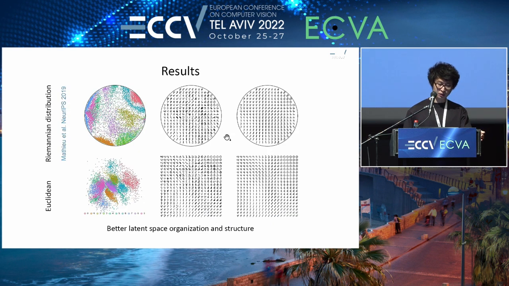The follow-up paper that uses this max entropy Riemannian normal distribution finds something similar. As you can see, the organization in latent space, although it's completely not enforced, looks better than in Euclidean space.